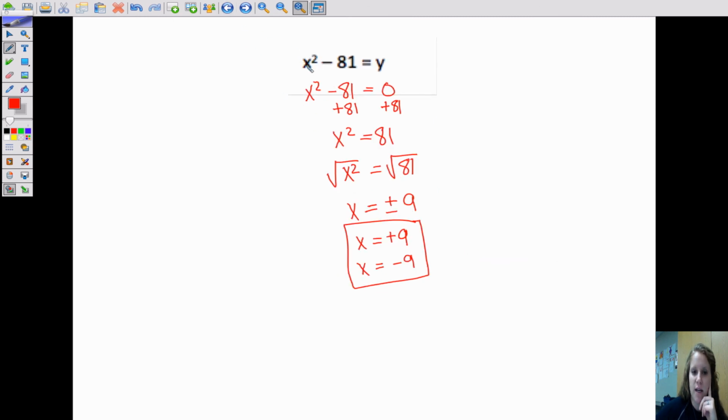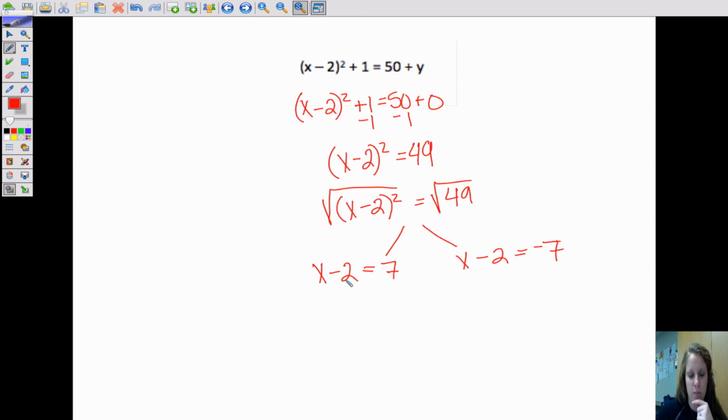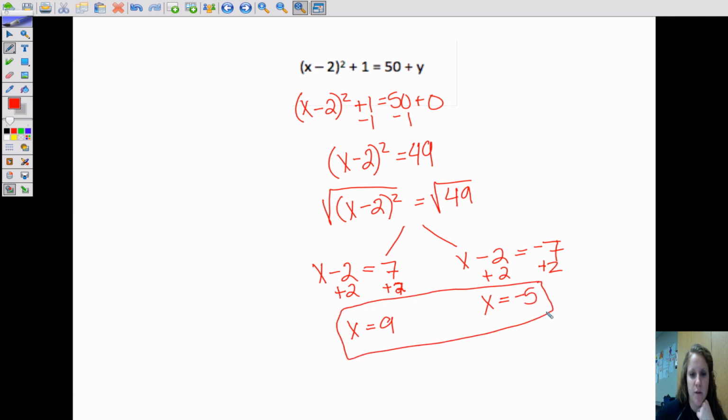Here we just had an x squared, so we had two of the same, just the positive and negative of the same answer. Here we're going to end up with two different answers because when we add 2 to 7, we get x equals 9. But when we add 2 to negative 7, we get x equals negative 5. And those are our two answers for this one.